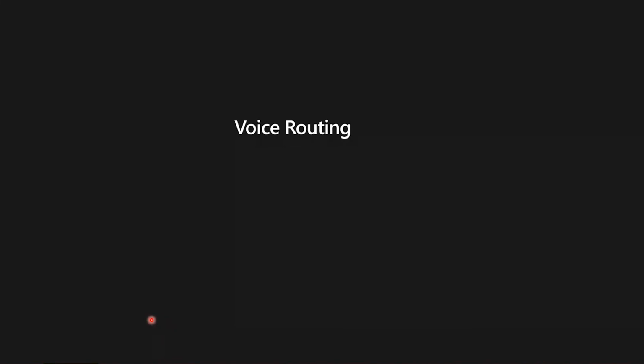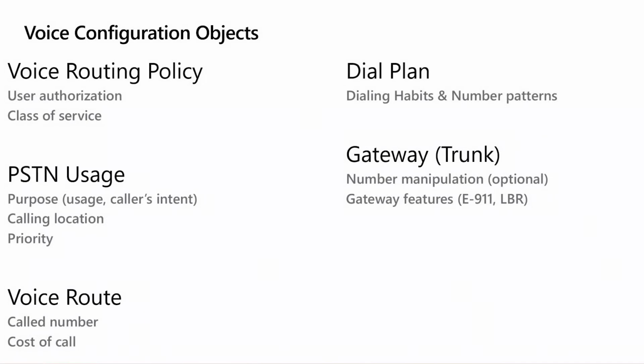Now let's set up voice routing. So we have a device, we connected to it from the Office 365 point of view. Now configure voice routing. If you look at the configuration objects, voice routing policy, PSTN usage, voice route, dial plan, gateway, and trunk, it's very similar to what you may have been used to seeing in a Skype for Business on-premises environment.